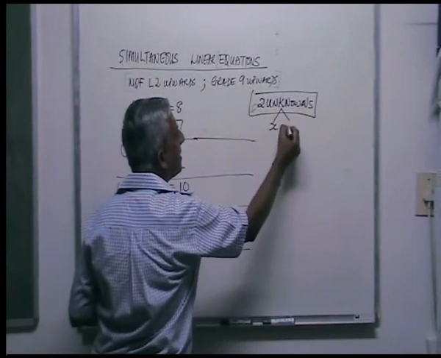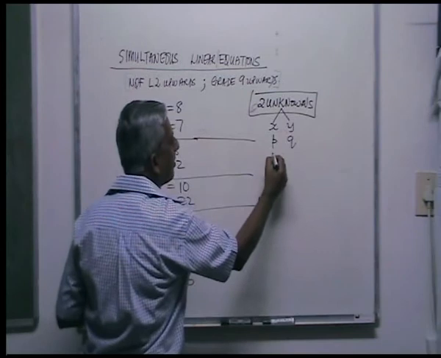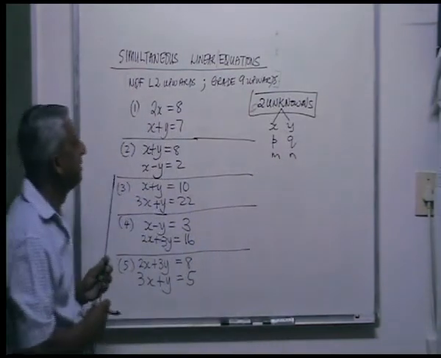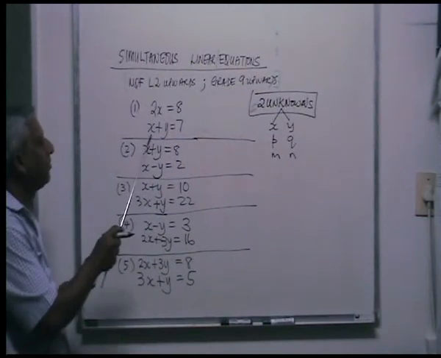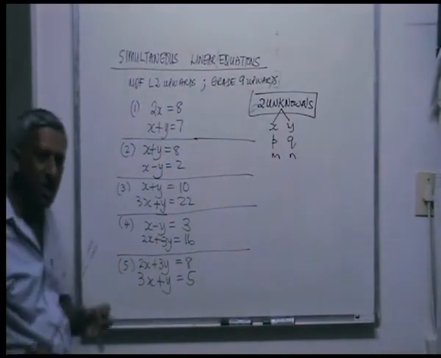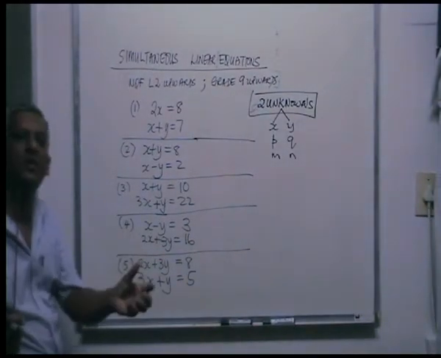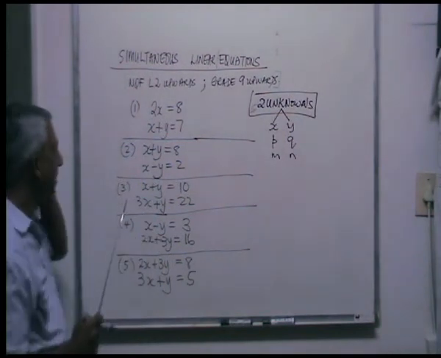Sometimes it could be P and Q, or M and N, it doesn't matter. So we have to solve for X and solve for Y. That means we've got to find what X is equal to, and find what Y is equal to.